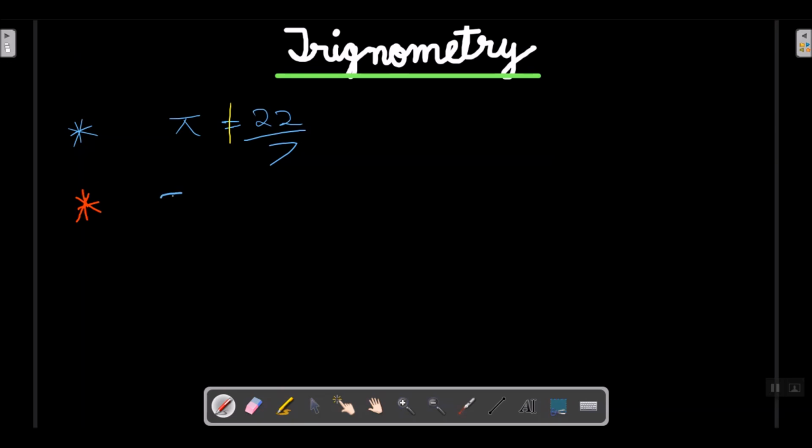Pi lies between 3 and 10 by 71, and 3 and 10 by 70.